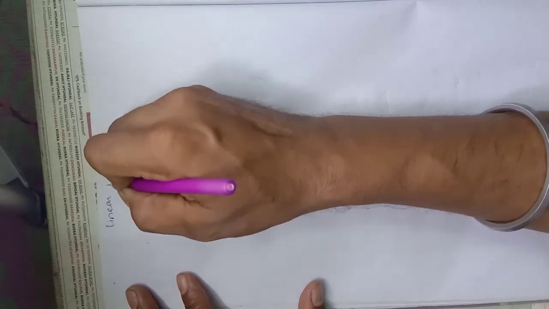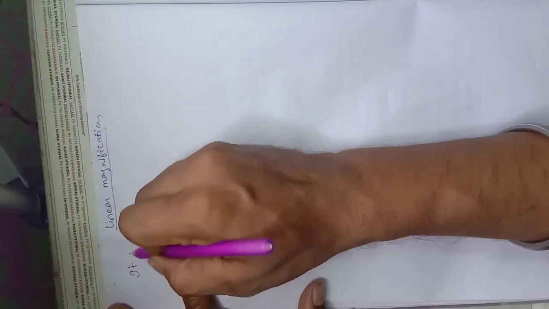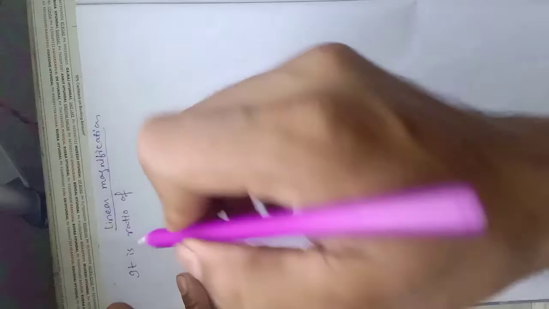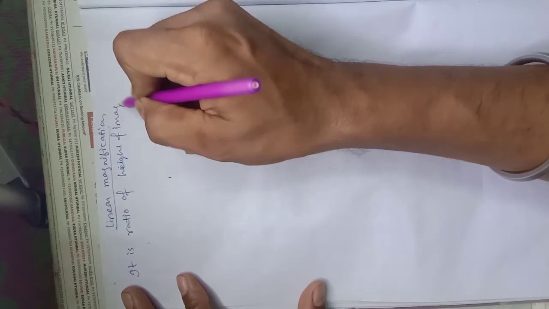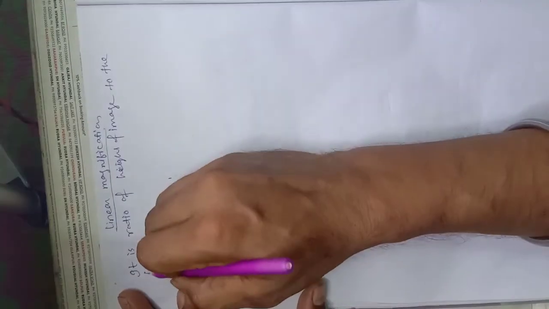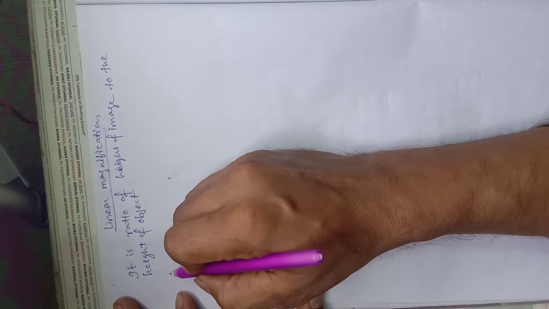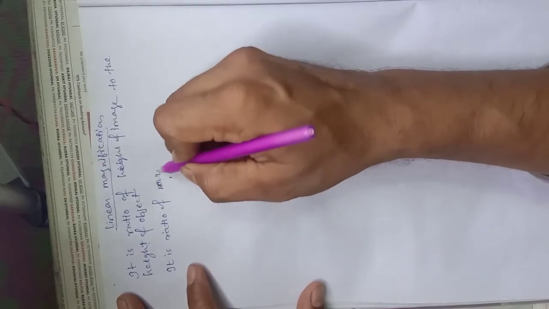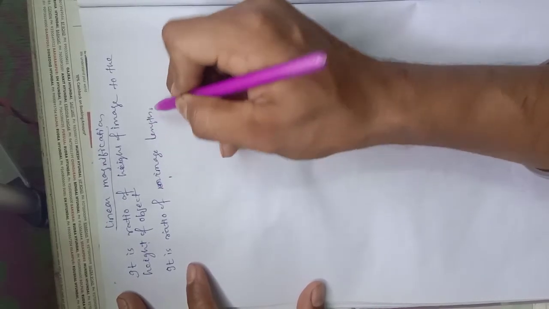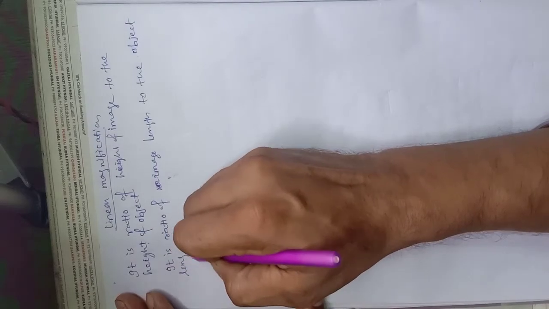Linear magnification is the ratio of the height of the image to the height of the object, or you can also say it is the ratio of image length to object length.